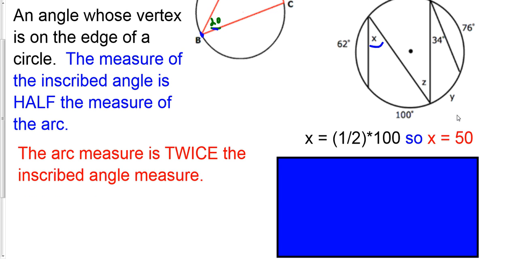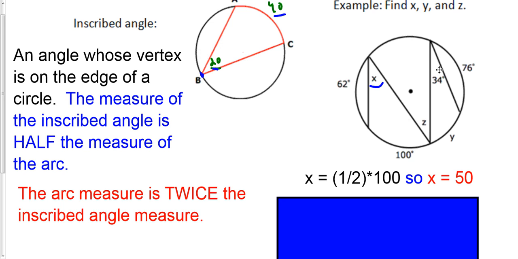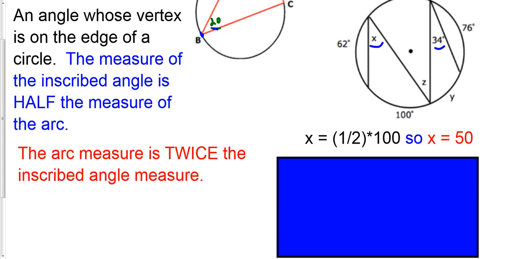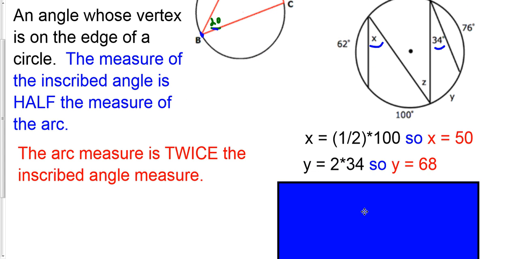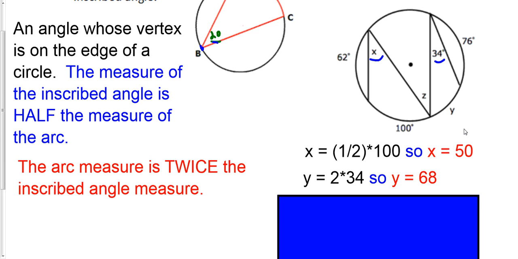We found our x pretty quick there. Let's look over here. This one, the inscribed angle is 34. This angle. So y, the arc measure, would have to be twice that amount. Y equals 2 times 34, so y equals 68.